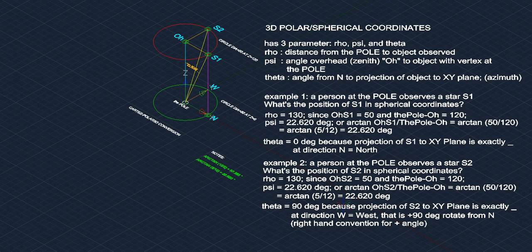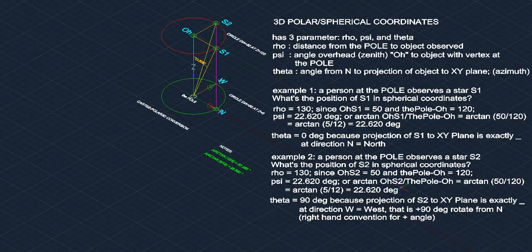And what is theta or azimuth? We see the projection of S2 to this plane is at the direction of west, W here. This is measured from north, plus 90 degree.